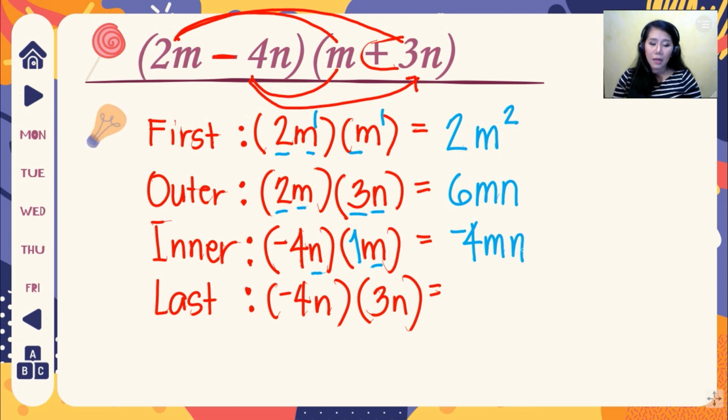So, mn. The next, negative 4n times 3n. So, negative 4 times 3 is negative 12. Then, n squared. Bakit naging n squared? N has an exponent of 1. 1 plus 1 is 2.